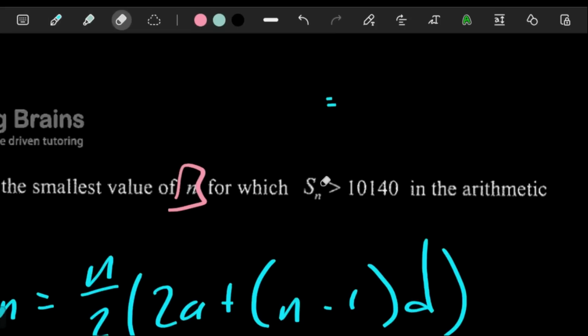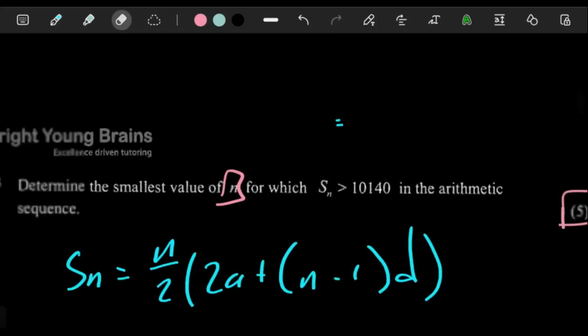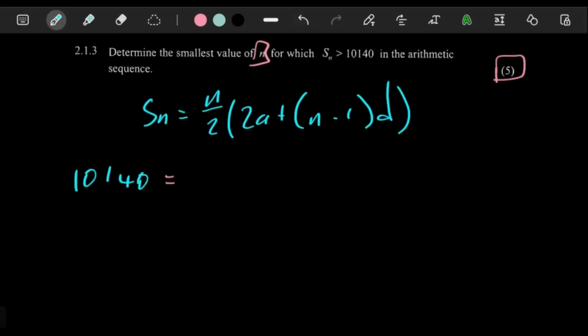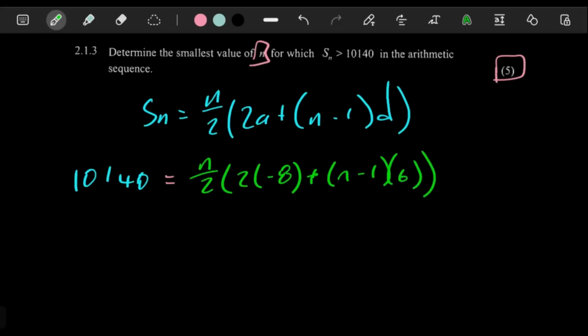Let's see what you get here. So what is our value of n in this case? We're working on n. A is, our first term was -8. And then our n is what we're looking for. Our d is +6. So solving for n here, we have to be careful. N over 2, -16. 6 times n is like +6n.